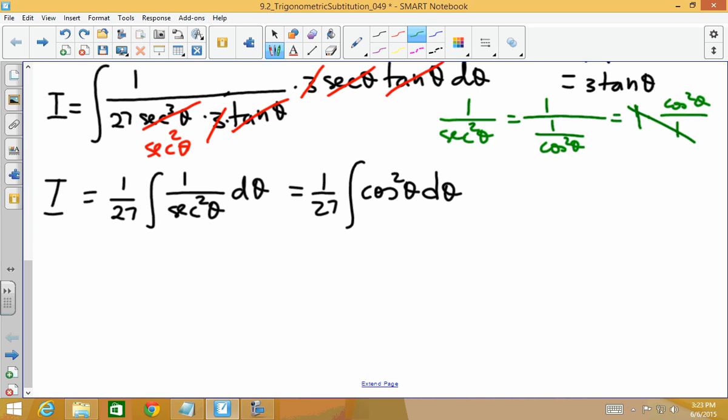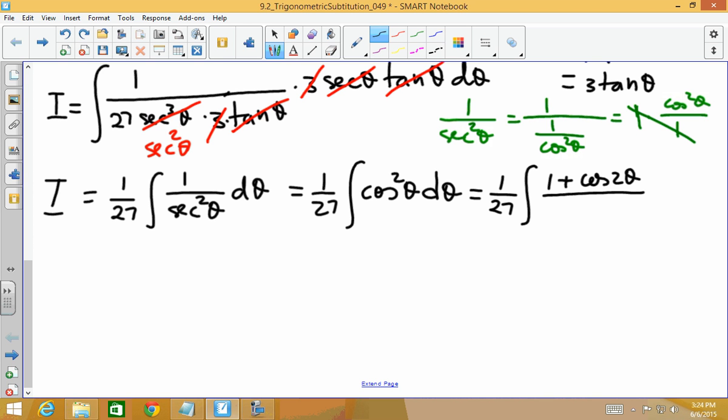How do we integrate this? We learned how to integrate trigonometric functions, and there's no obvious answer for this, which means we need a transformation. We know from pre-calculus or trigonometry that the integral of cosine squared is 1 plus cosine 2 theta over 2. Instead of squaring, we use a half angle formula, or double angle formula, whichever it is.